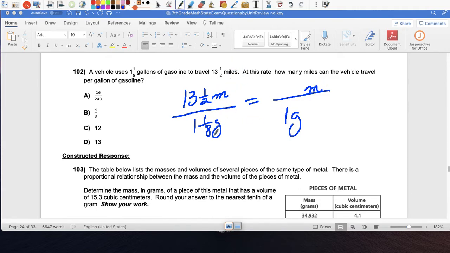I'm not going to change this to an improper fraction and multiply by the reciprocal. You can just divide by 1 1/8. So it's 13.5 divided by 1 1/8. That's going to give us 12. So you can travel 12 miles with 1 gallon. And 102 is C.